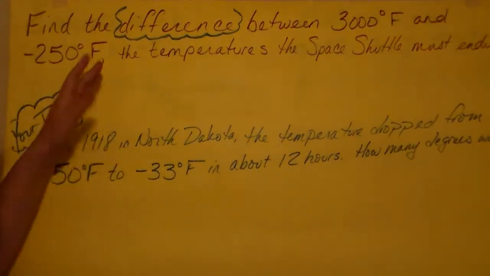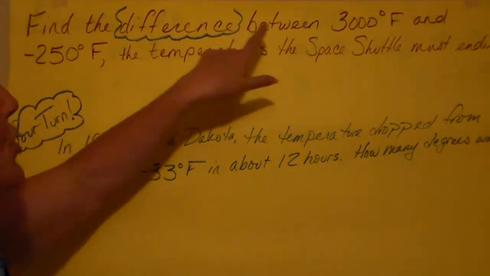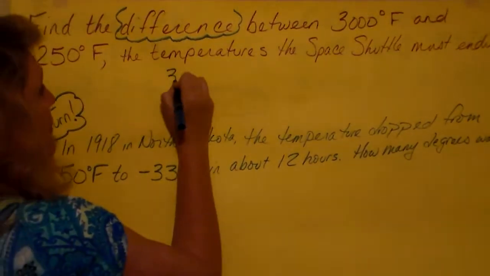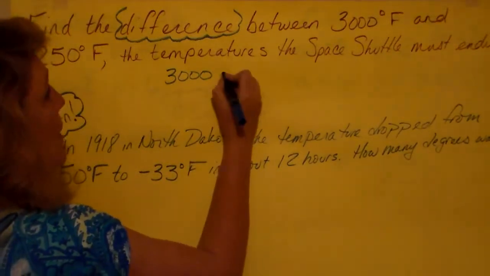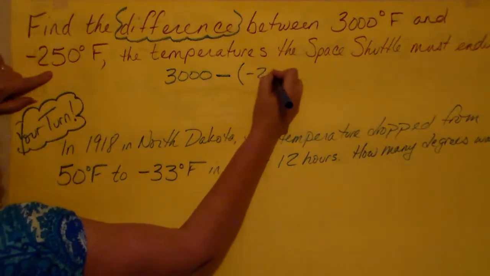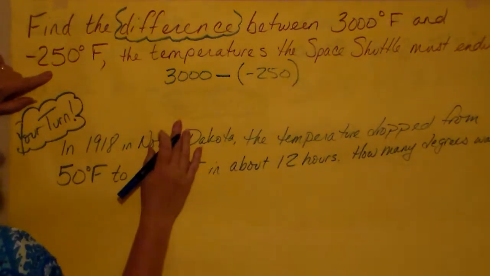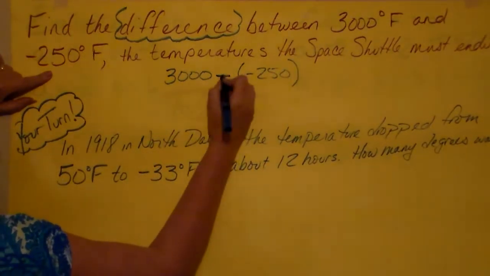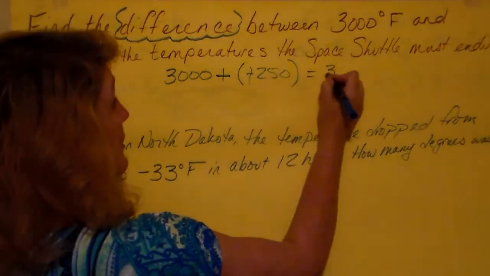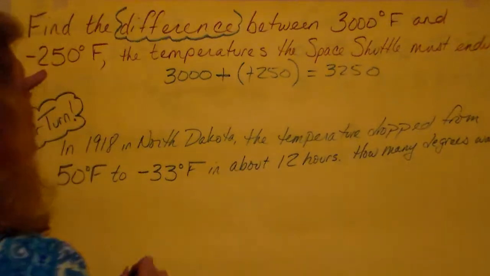Difference means subtract. You're going to find the difference between two numbers, and they tell you what it is. So you have 3,000 minus negative 250. And what do we do? We go dink dink. And so this is an addition problem, and it's a really easy addition problem.